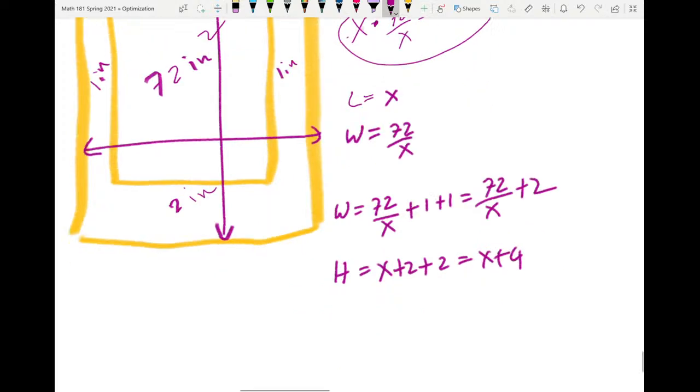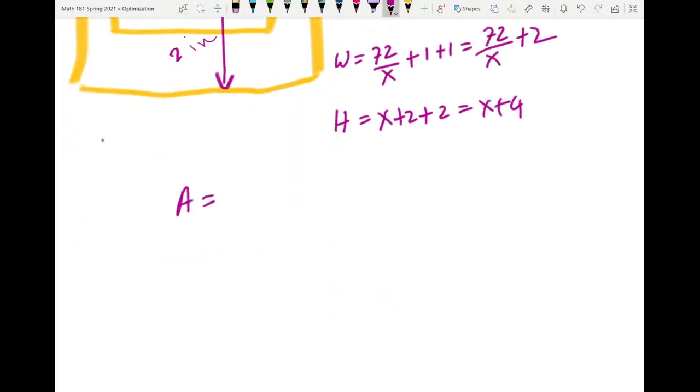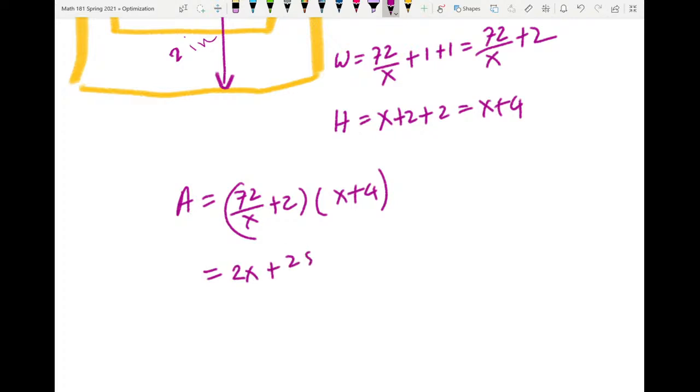So what's the area of the poster? Area would be 72 over X plus 2 times X plus 4. Just to save time, I multiplied it out, and I get 2X plus 288 over X plus 80.